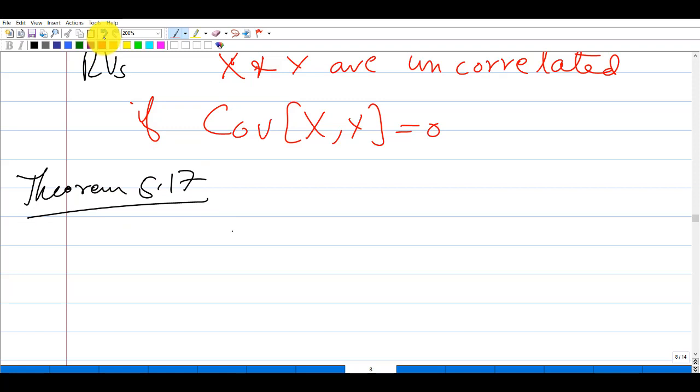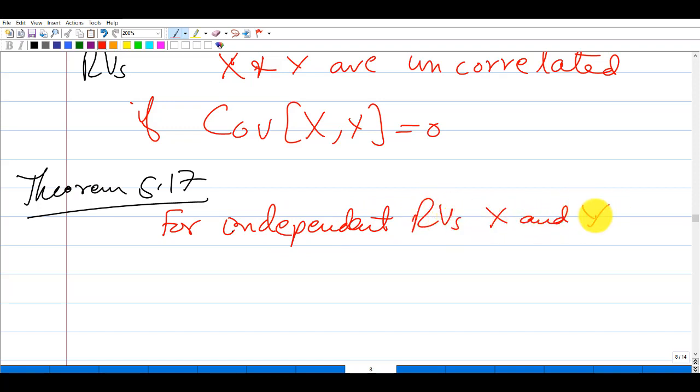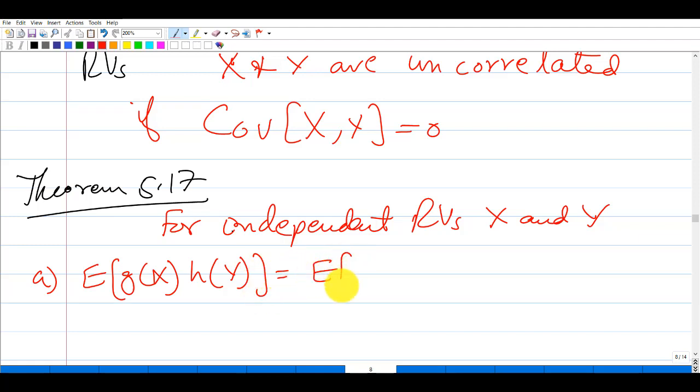It says that for the independence of two random variables, for independent random variables X and Y, we have the expected value of g of X, h of Y equal to the product of their separate expected values if they are independent, just like we have seen already.